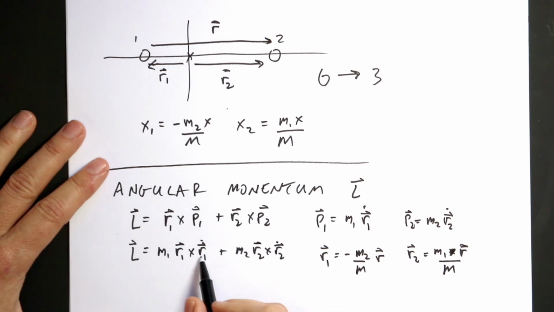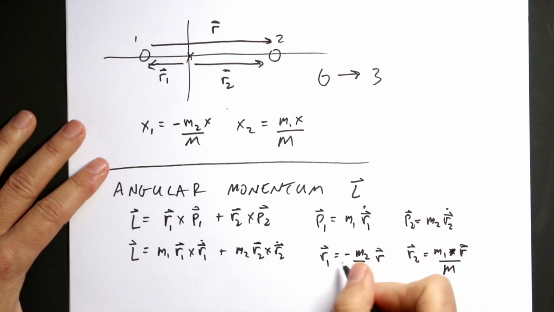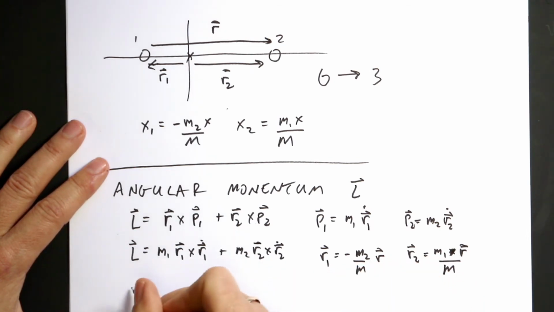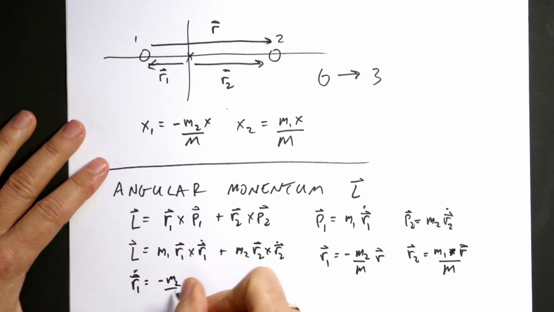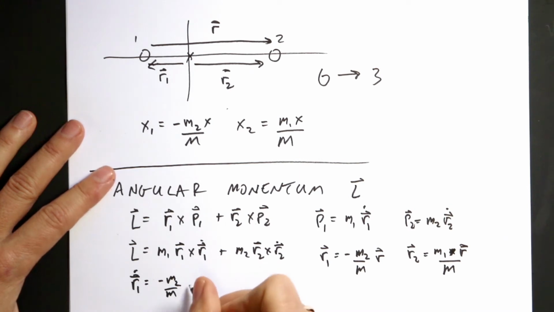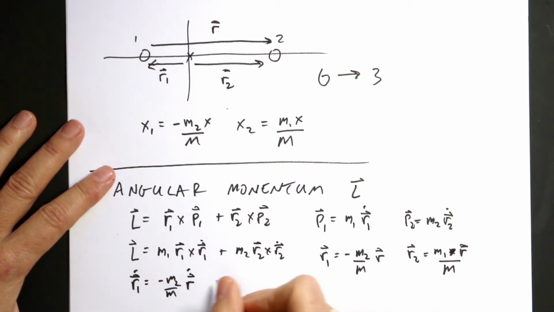The derivatives are pretty easy: R1 dot is negative M2 over M times R dot, because that's just a constant, and R2 dot is equal to M1 R dot over M.